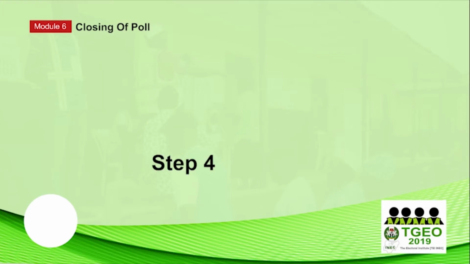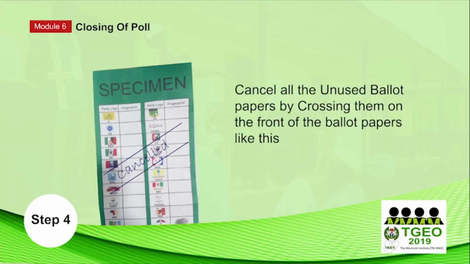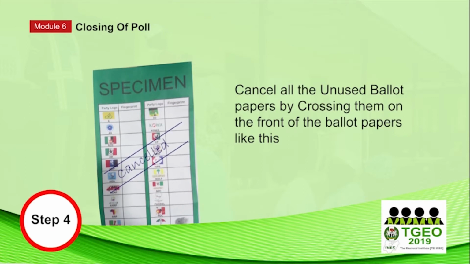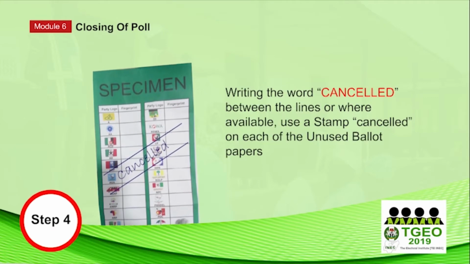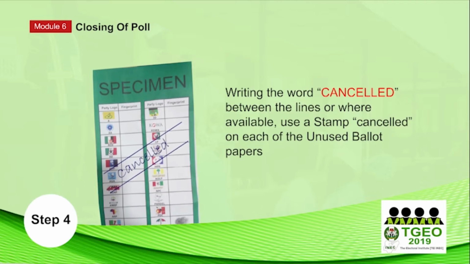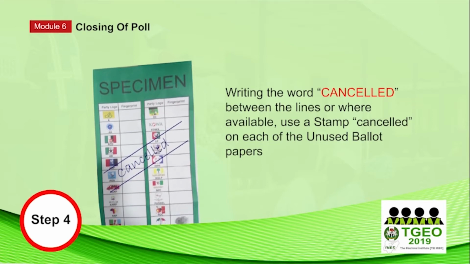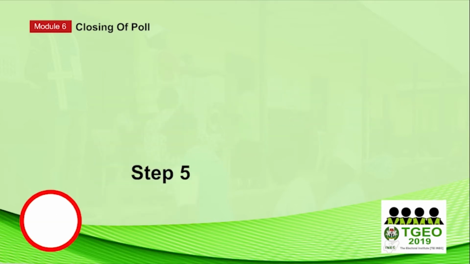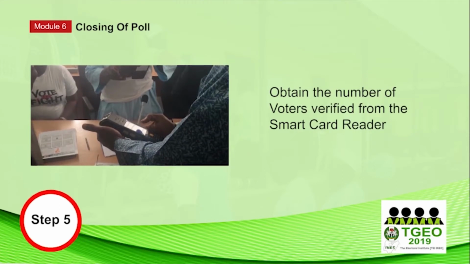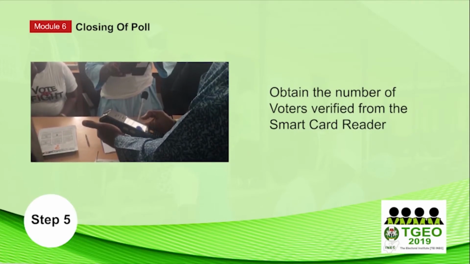Step 4. Cancel all the unused ballot papers by crossing them on the front of the ballot papers like this, and writing the word "cancelled" between the lines, or where available, use a stamp "cancelled" on each of the unused ballot papers. Step 5. Obtain the number of voters verified from the smart card reader.